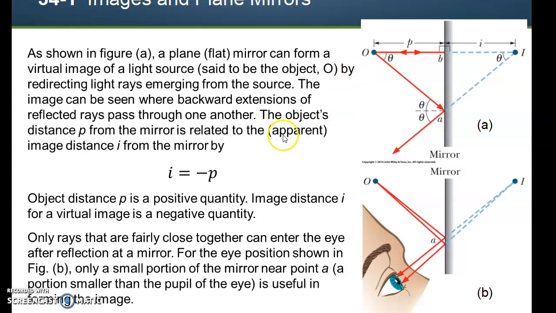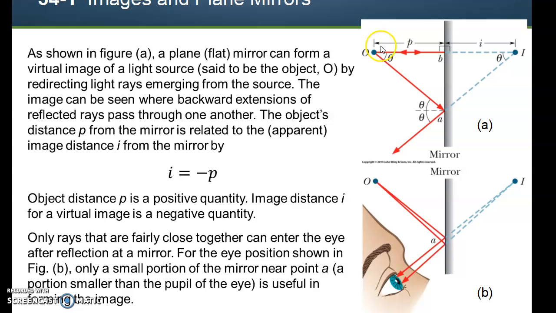The object's distance p from the mirror is related to the apparent image distance from the mirror. Here's where the object actually is, and this is where the image appears to be. This distance p is the same as this one right here. This angle is the same as this angle.